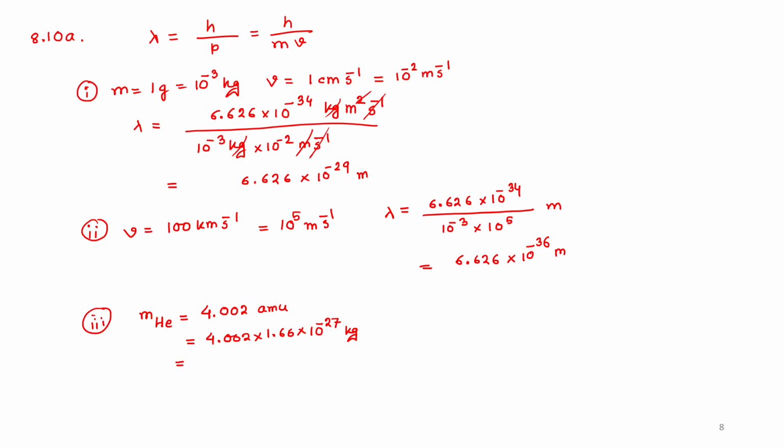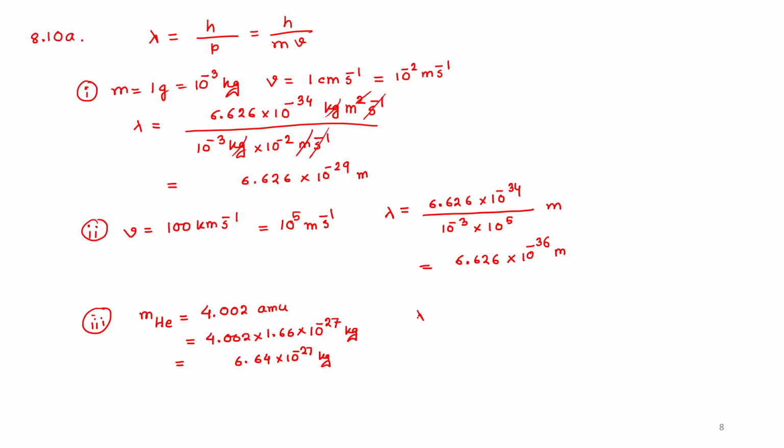Just see, 4.002 into 1.66 into 10 to the power minus 27, and that is something around 6.64 into 10 to the power minus 27 kg. So mass of helium is this.